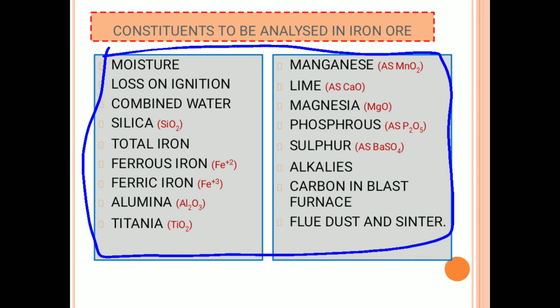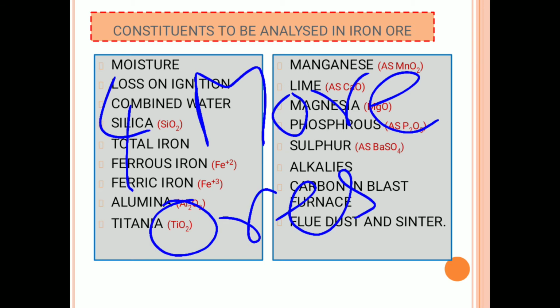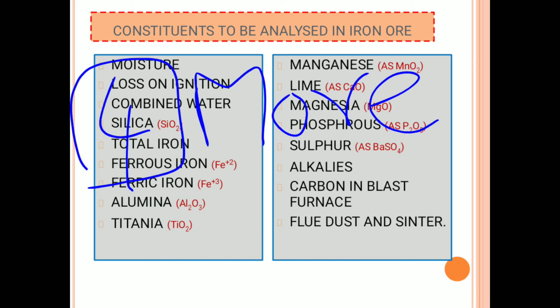So in this same unit you have 4 more ores to be analyzed, but if you have a clear knowledge on this analysis of iron ore, then automatically the remaining 4 ores which are inserted in your syllabus, like aluminum ore, that is bauxite analysis, next chromite ore analysis, etc., will be very easy to understand.